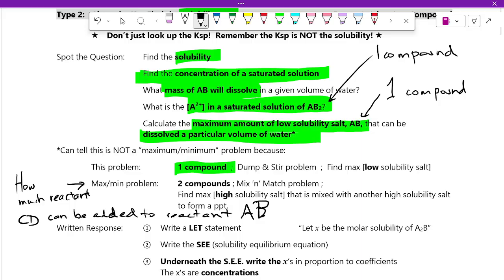So if you don't have a second compound mentioned, everything is proportional to the coefficients. So only one compound, everything is proportional to the coefficients.